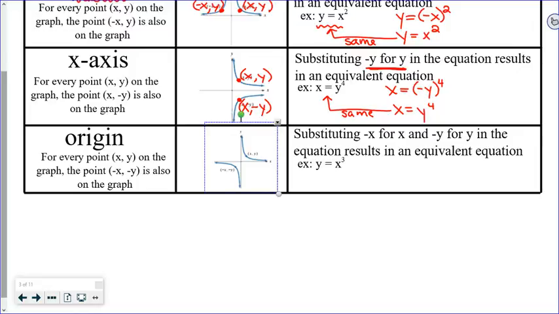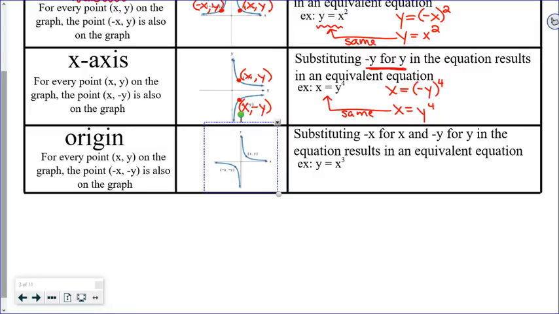If you look at how this picture looks right now, if I were to turn it upside down or spin it 180 degrees, you would notice that it looks like what it looked like before I turned it upside down. So being able to spin a graph 180 degrees and get the exact same picture that we started with means it has symmetry about the origin.